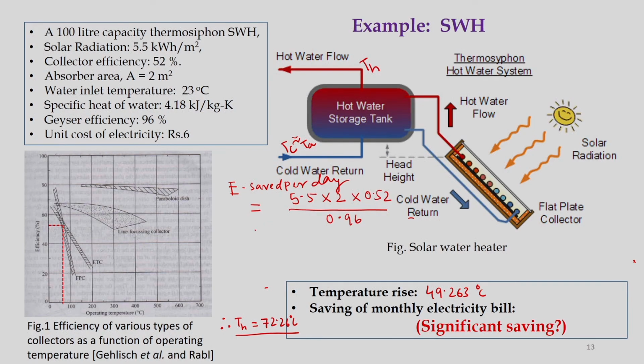So, this is the energy saved, because this much is the energy, and the efficiency of the collector is 0.52. If we multiply, since there are some inefficiencies associated with the geyser, we need to consider them; otherwise this will be 1 if the geyser efficiency is 100%.